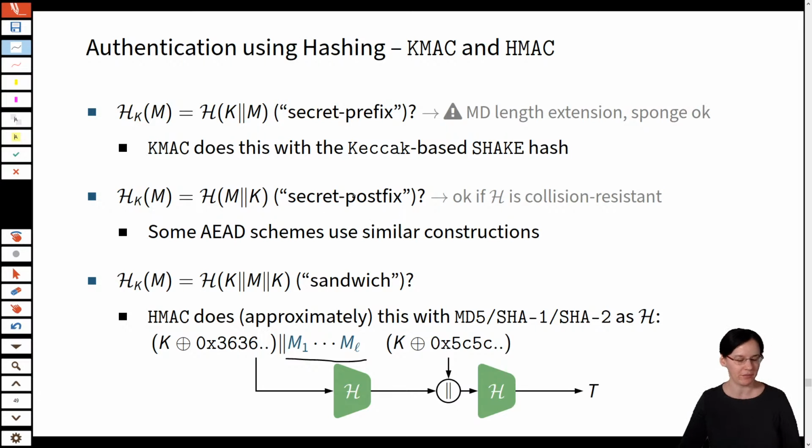For example, you have these arbitrary constants that you're supposed to XOR to the keys in order to have two different keys that you're using, which is a bit of a relic from the provable security construction that this has. So overall, I think it's not very elegant, and it's also not as efficient as it could be, because something like a secret prefix MAC can be made more efficient.